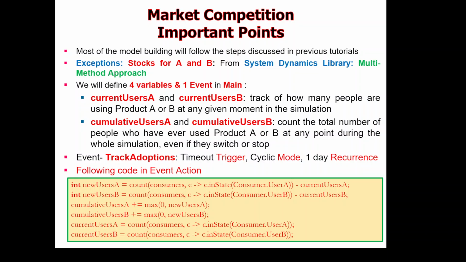What we are doing here is that first we figure out how many people have started using product A today. We count all current users of A, and then we are going to subtract from them the current users we had yesterday.